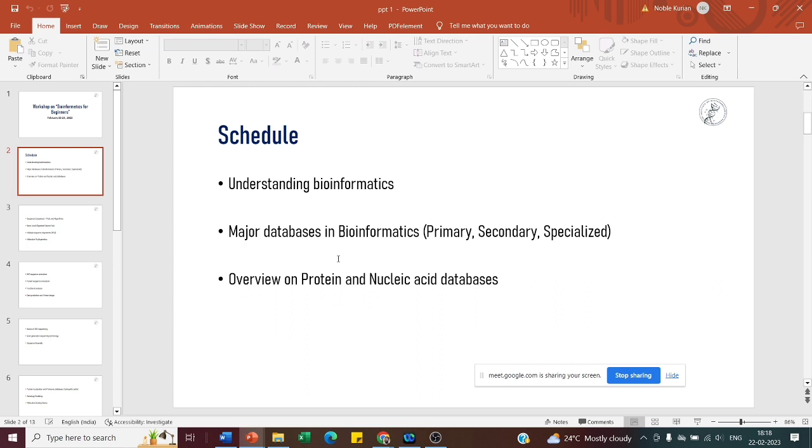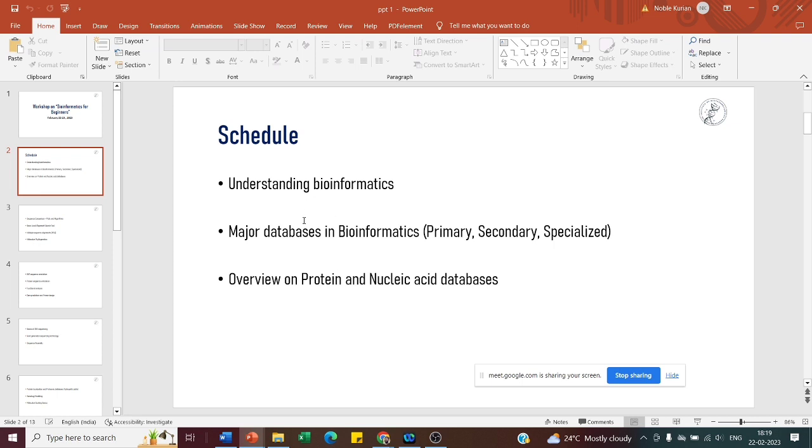Just like the library, in computers they have maintained libraries where nucleotide sequences are stored. In some libraries they store only protein structures, in some only protein sequences, in some only DNA sequences. So different libraries are there which store different types of data. These libraries are called databases.